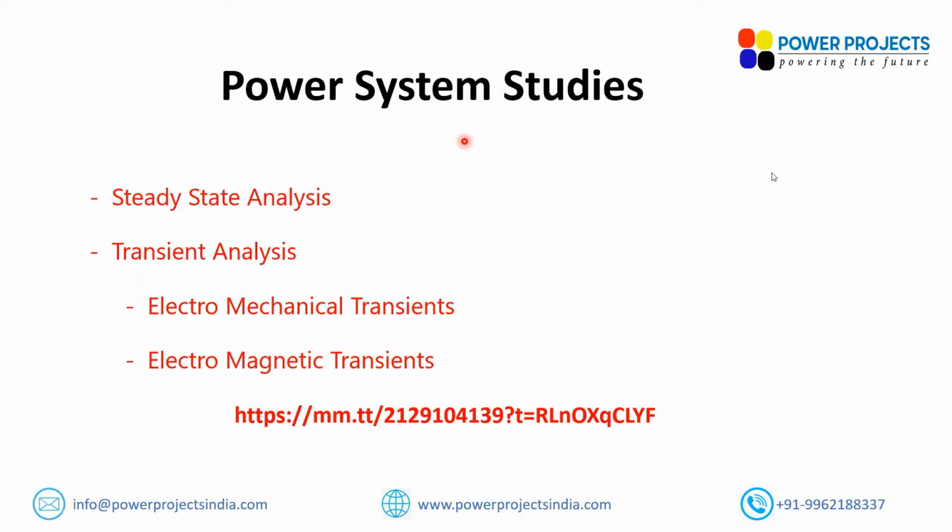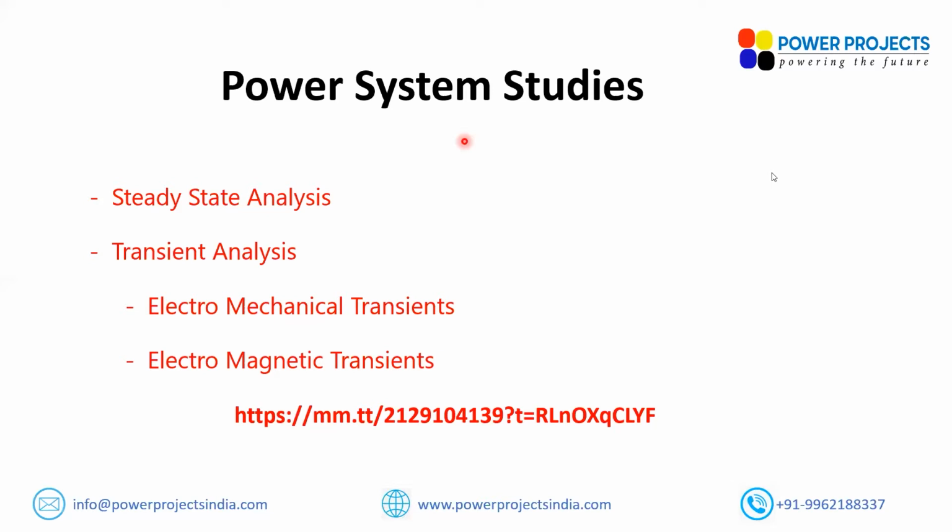What is electromechanical transients? When we are studying the interaction between electrical and mechanical, the mechanical terminology can be related easily with the physical generators, more specifically the turbines, right? Gas turbine or a steam turbine. The electrical system is transmission lines, cables, loads, transformers, etcetera.